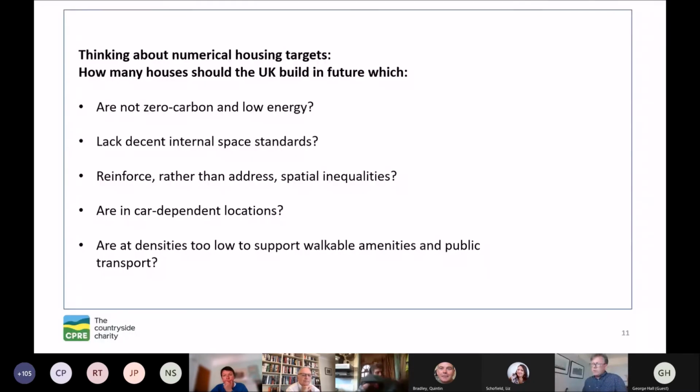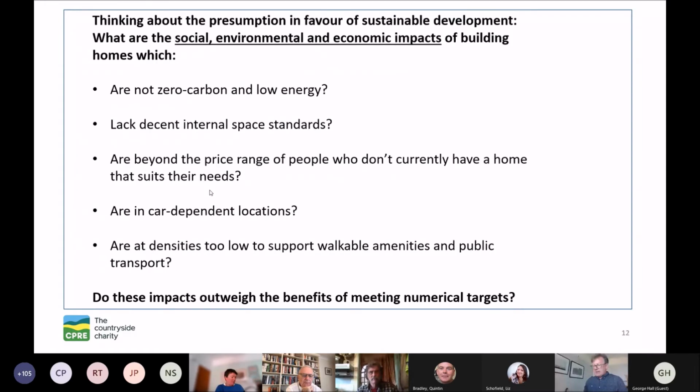So these are rhetorical questions, of course. How many homes should we build that don't meet people's needs and don't meet these big societal challenges? I would argue that the answer is zero. We shouldn't be building any houses that don't meet these needs. And if you think how harmful not meeting these needs is, how do these harmful impacts outweigh the benefits of meeting numerical targets?